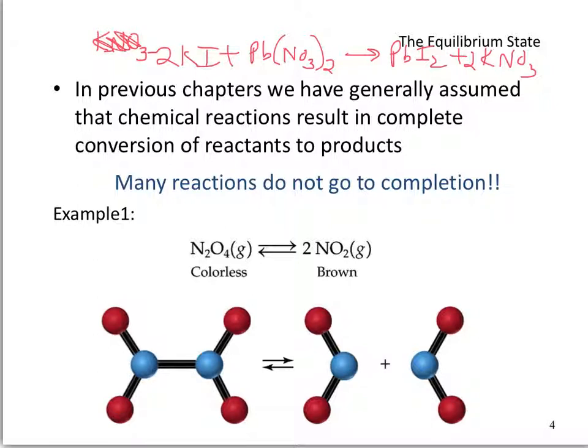In reality, however, many reactions do not even go to completion, and they remain in this dynamic state of equilibrium. As an example that I have here, I have dinitrogen tetroxide, which is getting converted to 2NO2. So I'm showing you here that the dimer essentially goes through bond cleavage between the two nitrogens, and 2NO2 molecules are formed.